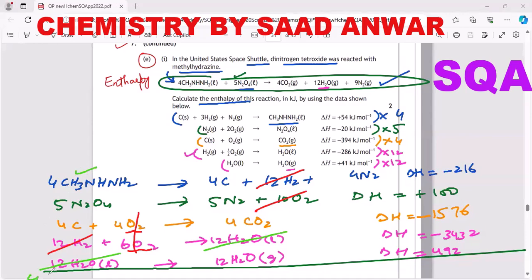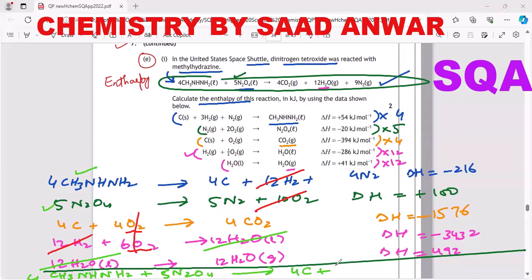So 4 CH3NHNH2 plus 5 N2O4, and here 4 carbon plus 5 nitrogen.